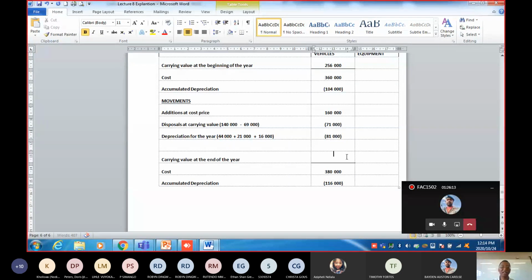If you want to know what is the carrying value at the end of the year, and carrying value is cost minus accumulated depreciation, you will have the amount of 264,000, which is the 380,000 minus 116,000. And that will conclude the note then for property, plant and equipment.